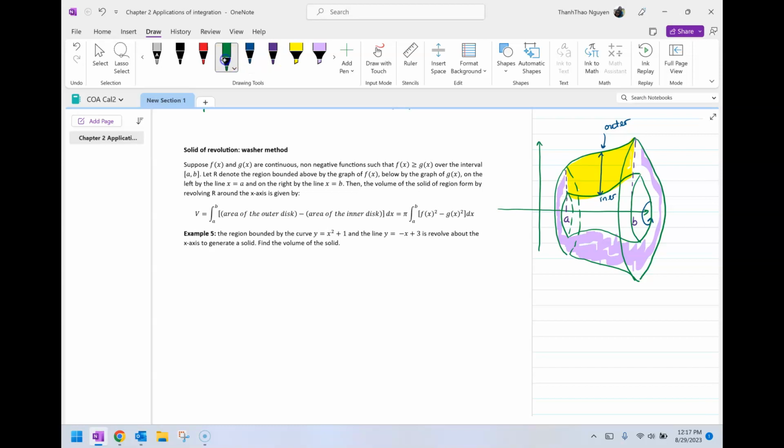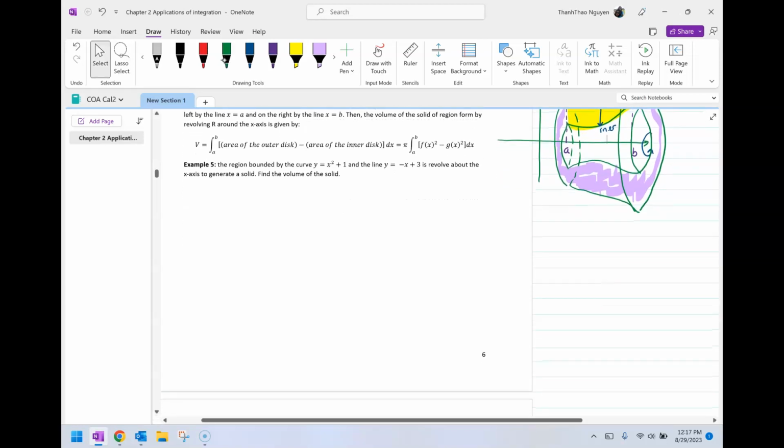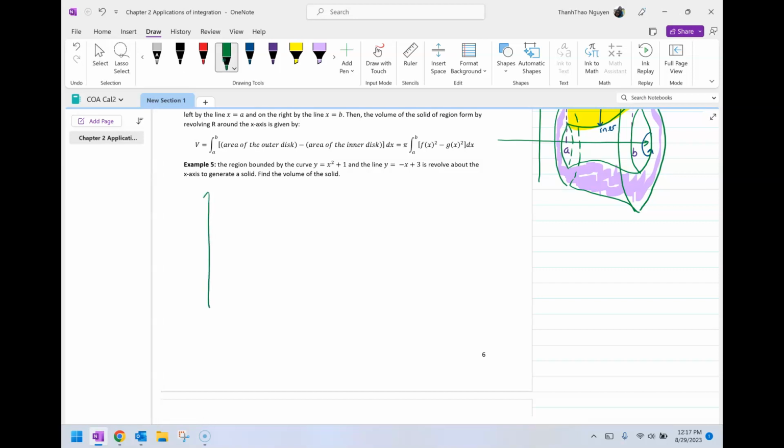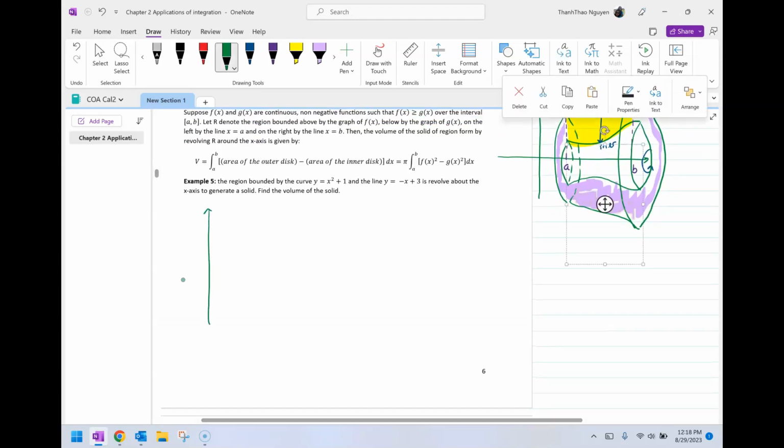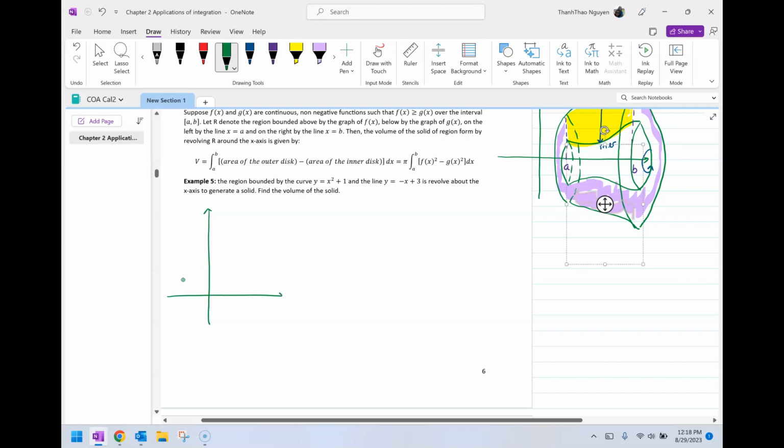Let's take a look at one example. The region bounded by the curve y equal x squared plus 1 and the line y equal negative x plus 3 is revolved about the x-axis to generate the solid. Let's draw the region first. We have y equal x squared plus 1.